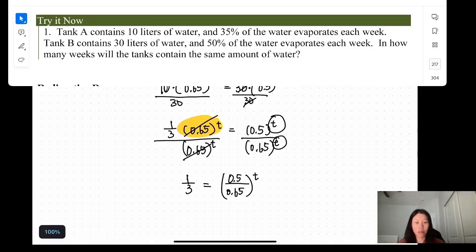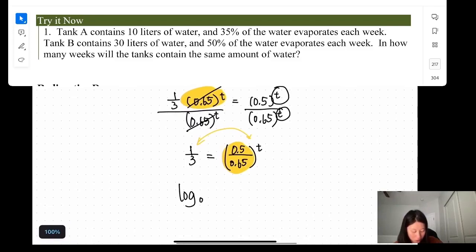Now, in order to solve for an exponential variable, we can use a logarithm function. What will be the base? This is the base, right? And then after the base, you can swap these two together. So I have the log, base is 0.5 over 0.65, of 10/13 on the top, equals our t.